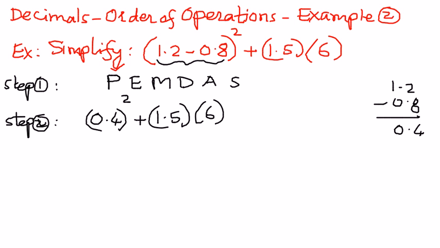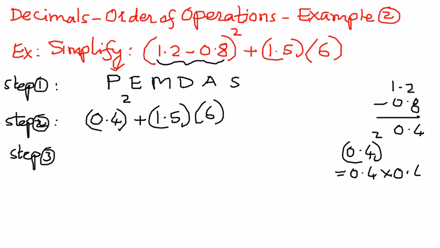Now in the next step, step number 3, we're going to expand the exponent. The exponent we have is 0.4 raised to the power of 2. What does it mean? It is 0.4 times 0.4. 0.4 times 0.4 is 0.16.